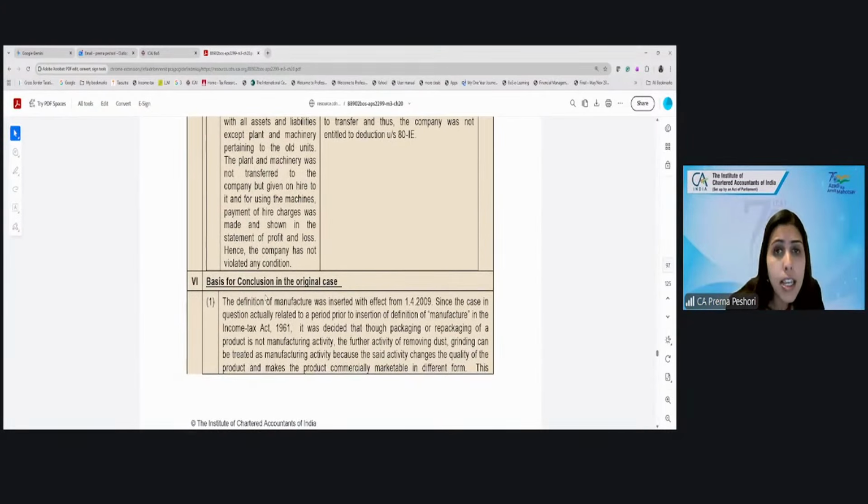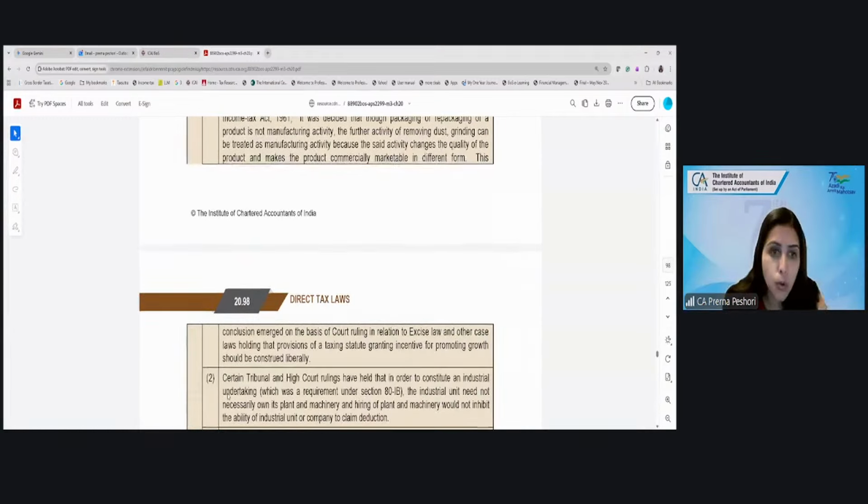Now, what is the conclusion over here? The question relates to whether it was manufacturing. First of all, the definition of manufacturing was inserted with effect from 1/4/2009, and the question here relates to the period prior to the definition of manufacturing under the Income Tax Act. Now, though packaging or repackaging is not manufacturing, removing the dust and grinding can be treated as a manufacturing activity, because in that case, removing the dust and grinding makes the product altered and commercially different from its original form.